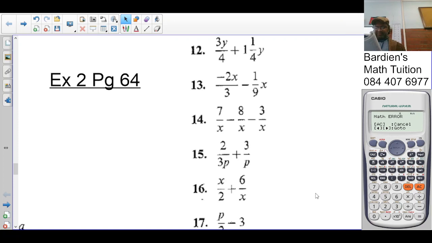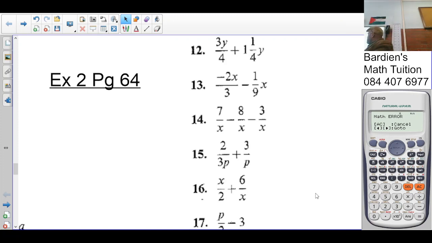Number 6. Negative 19x over 8. Number 8. Negative 11x over 3. Or is it negative 11 over 3x, or negative 3 and 2 over 3x. All means the same thing. Number 10?